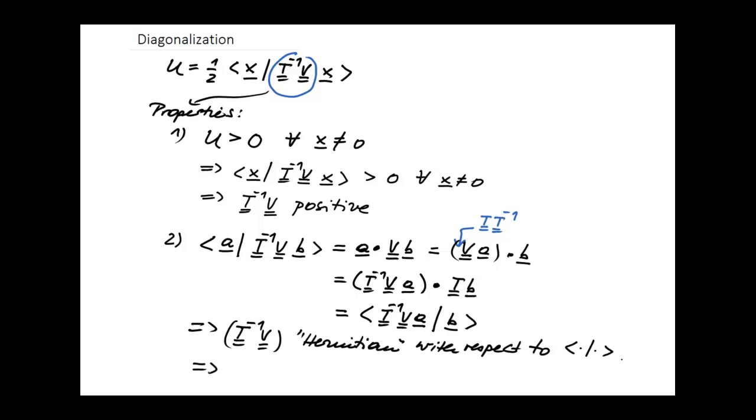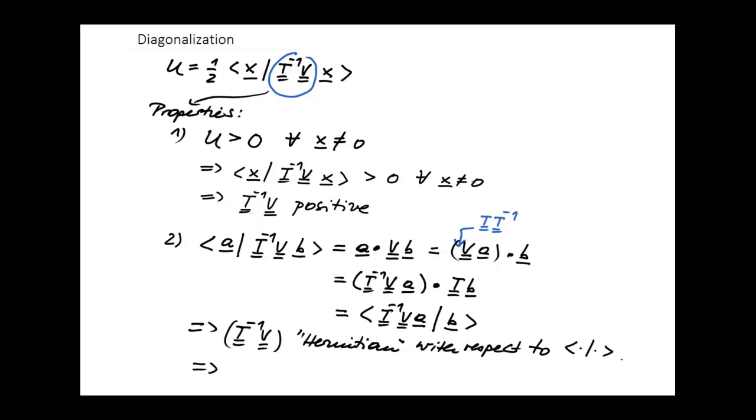What this in turn implies, which I hope you're familiar with from your mathematics courses, is that if you have a matrix or an operator which is Hermitian with respect to a certain given scalar product, then it's always possible to diagonalize that matrix with the help of a transformation which is orthogonal with respect to the given scalar product.